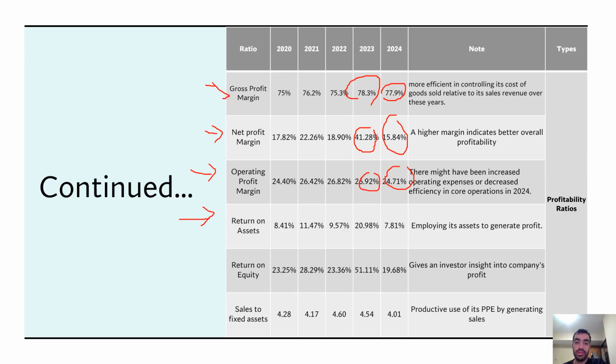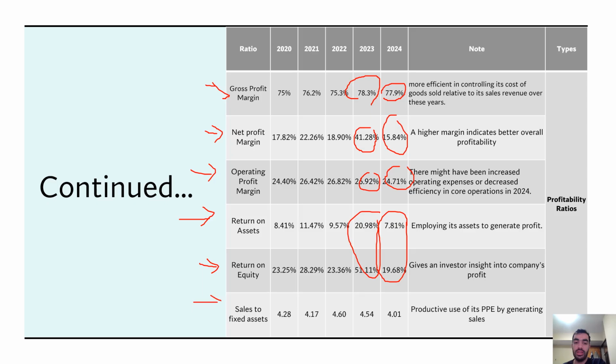If we look at return on assets and return on equity, both fluctuate similarly, peaking in 2023 and then dropping significantly in 2024, highlighting volatility in profitability and shareholder returns.